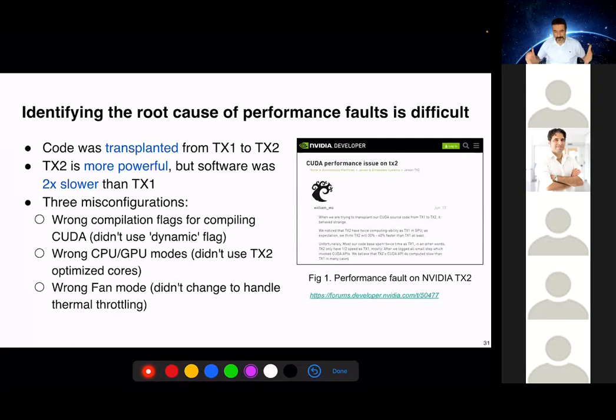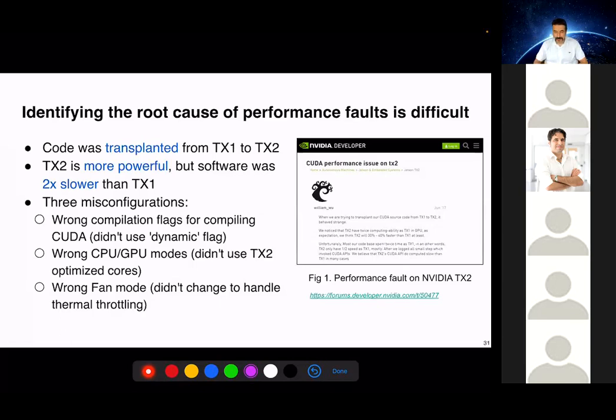So let me clarify this with specific examples. I'm going to talk about two very specific examples from looking at some machine learning systems which were deployed on NVIDIA hardware, right?